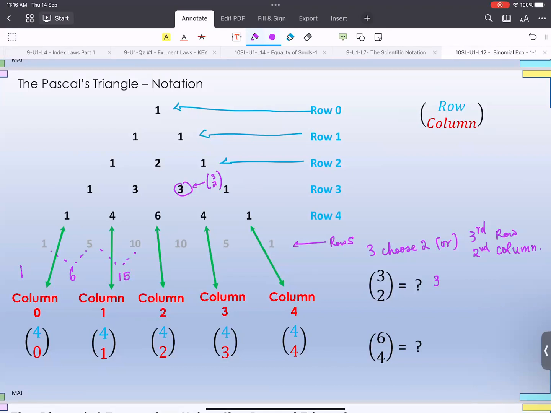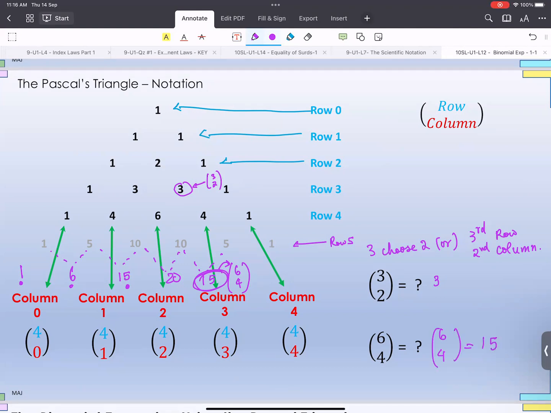And so that is row 0, row 1, row 2, row 3, row 4. So that value over there is 6 choose 4. So 6 choose 4 is 15.